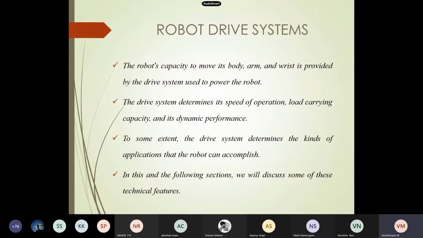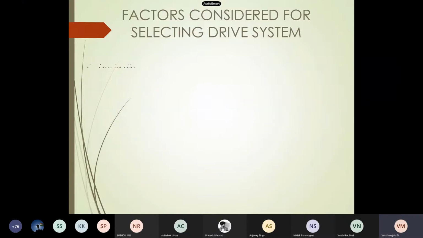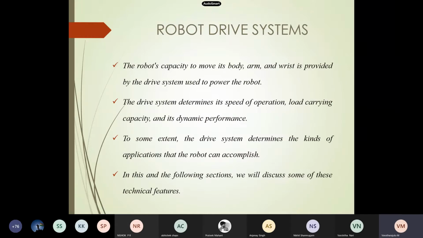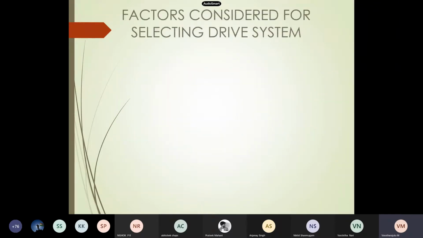Some typical examples are these robots. The drive determines its speed of operation, load carrying capacity, and its dynamic performance. The factors we need to consider for selecting the drive system are: it should have low inertia and a high power to weight ratio.